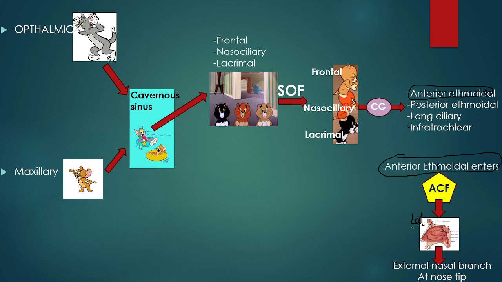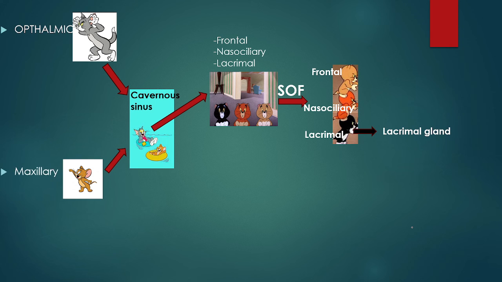After reaching over there, it pierces the wall and gives a branch, that is the external nasal branch, at the nose tip. First again, anterior ethmoidal branch enters the anterior cranial fossa, then it reaches the lateral wall of the nasal cavity, and then it pierces there and gives a branch known as the external nasal branch at the tip of the nose.